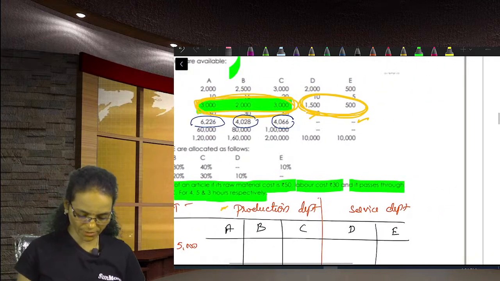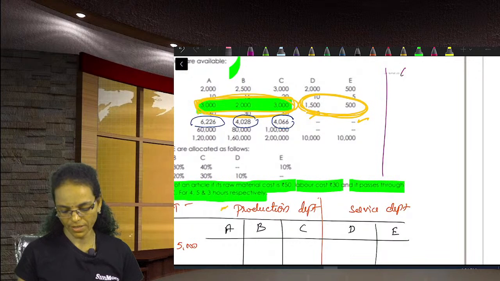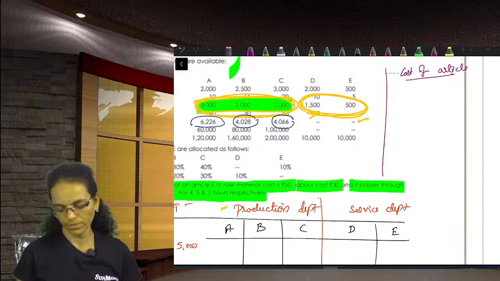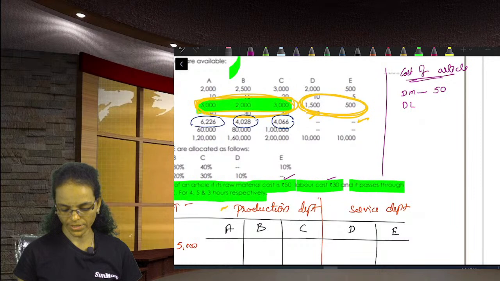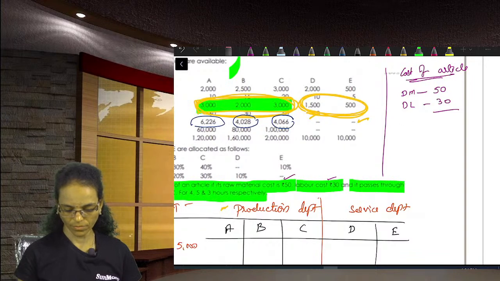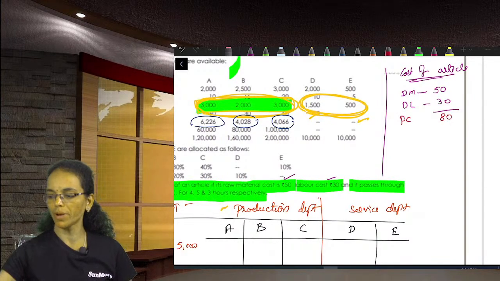So here I will write cost of article: direct material 50 and direct labor 30. Now we got primary cost, that is 80 rupees.